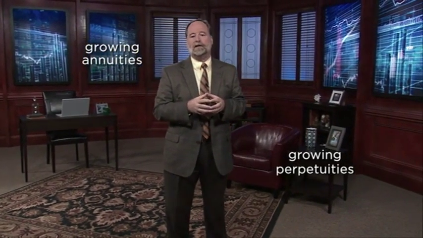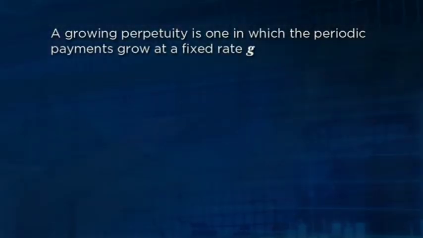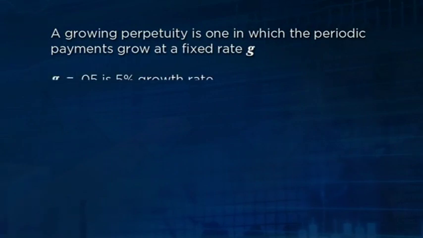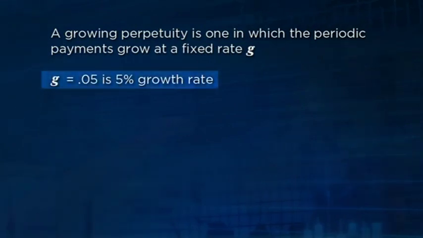The last set of formulas we will consider for both annuities and perpetuities are payments which are not fixed, but are growing at a constant rate each period. These are called growing annuities and growing perpetuities. A growing perpetuity is one in which the periodic payments grow at a fixed rate G, where G, for example, would be something like 0.05 for 5%.